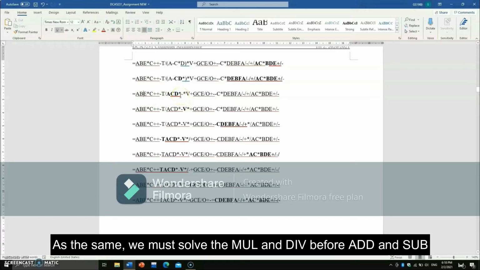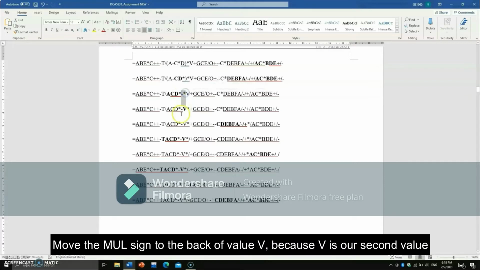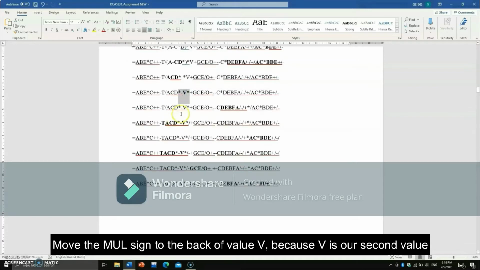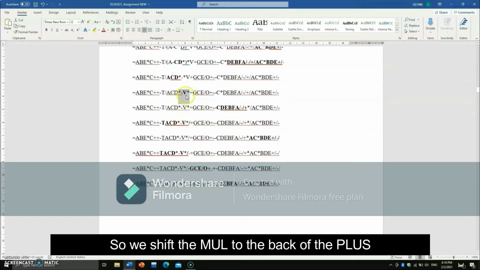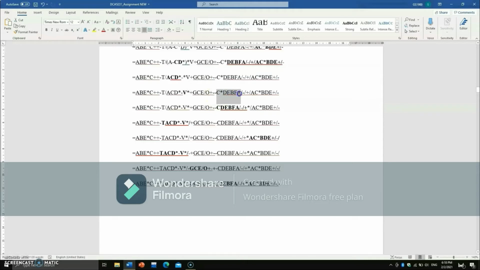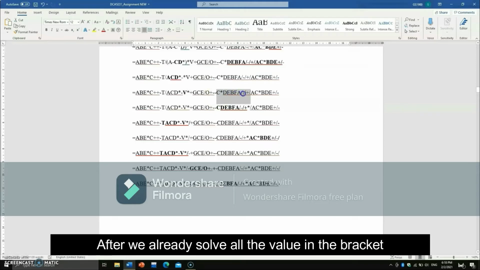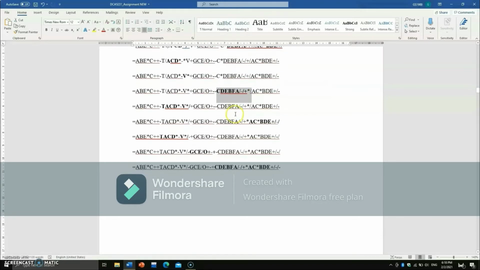In the same way, we must solve the multiply and divide before add and subtract. Move the multiply sign to the back of the value V because V is our second value. Next, C is our first value. Multiply is our operator. This is our second value. So we shift the multiply to the back of plus.